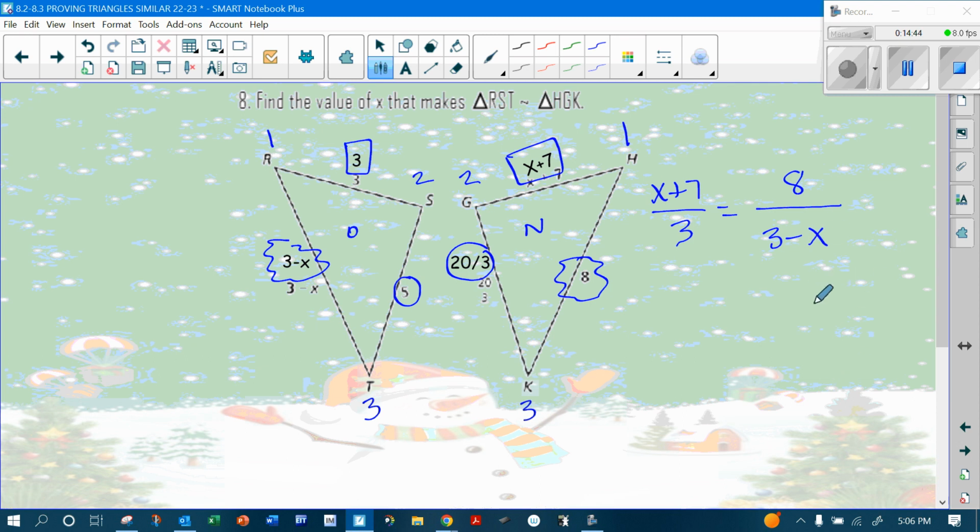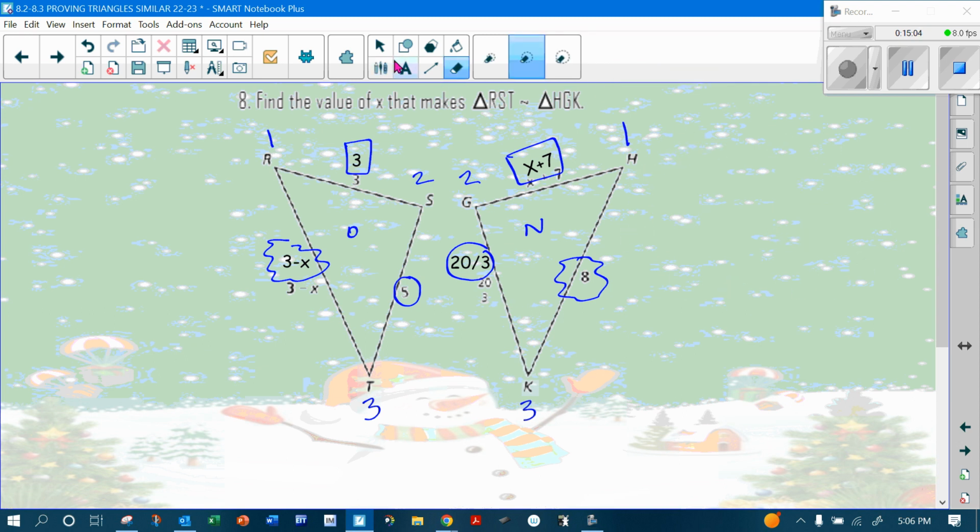Now, if we solve it this way, you're going to have an x squared in the problem, which means you're going to have to factor. Or if you want to use the fraction, we can use the fraction, and then that way we won't have to factor. Okay, so let's go ahead and save this one for later. And let's do these two.